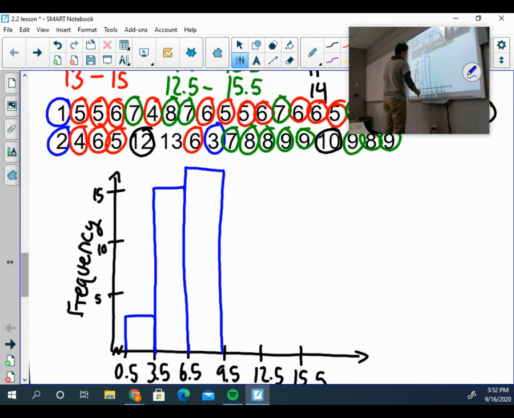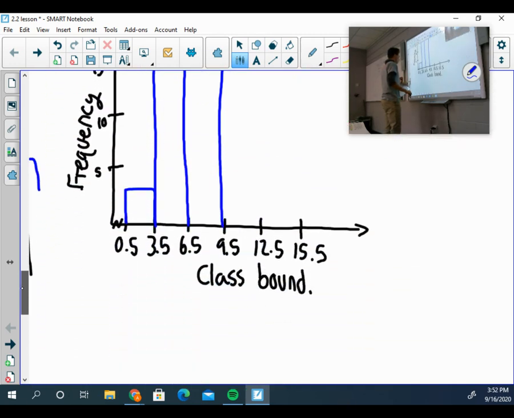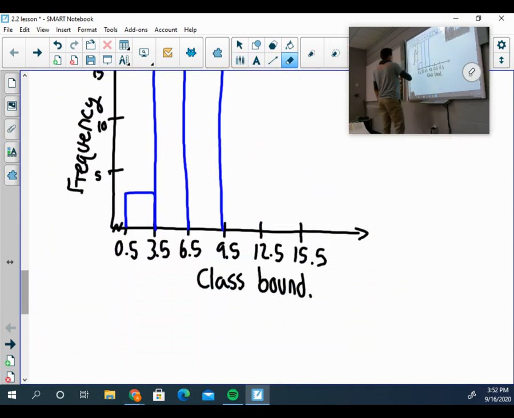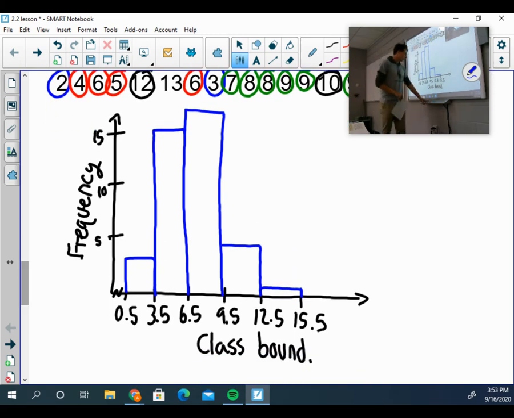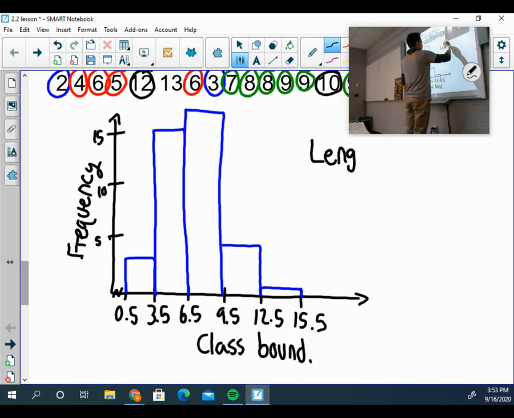Then we drop back down, right? My fourth class only had 4, and my last class has 1. So I've got 4, and I've got 1. Okay, and this is how we make a histogram. Again, the title I could put here, length of call time by angry customer.